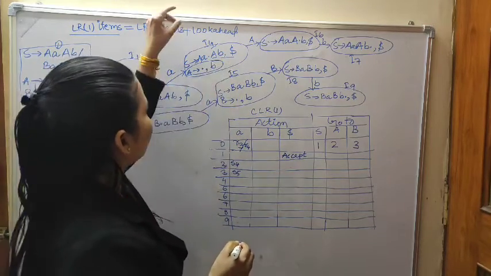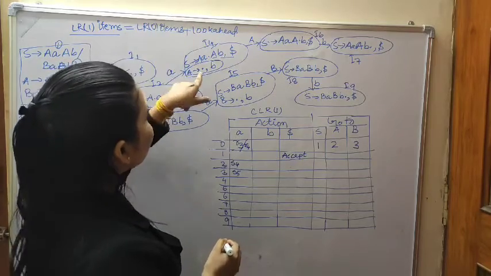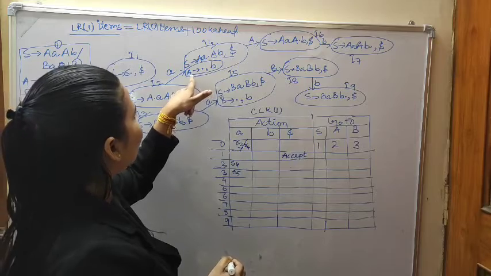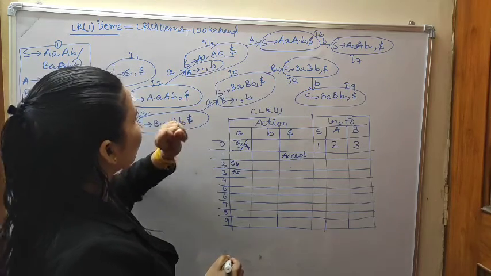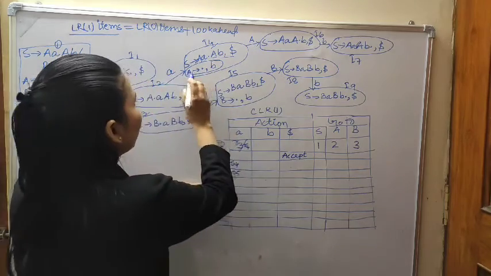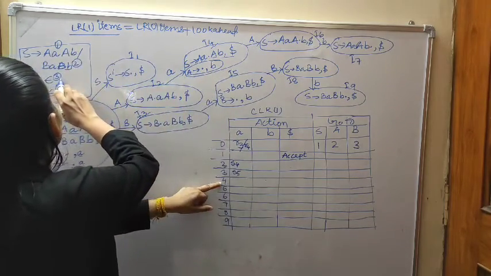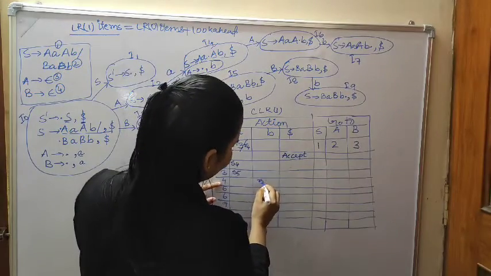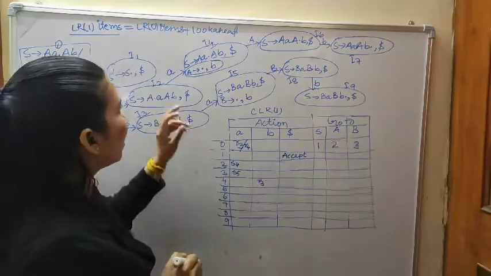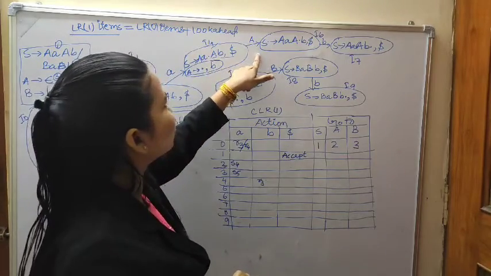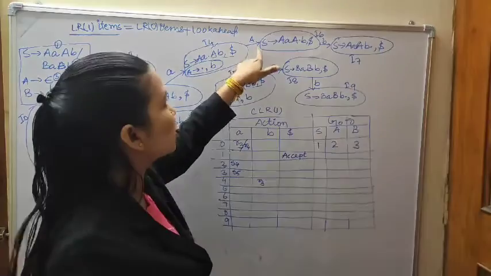Now the fourth number state, it is the reduce part, that means a final item, and look ahead is B. Fourth number state, look ahead is B, and A2 dot, what is the production rule? Number 3. So here we write R3. Now from I4 we are going on A, that means it is the goto part.